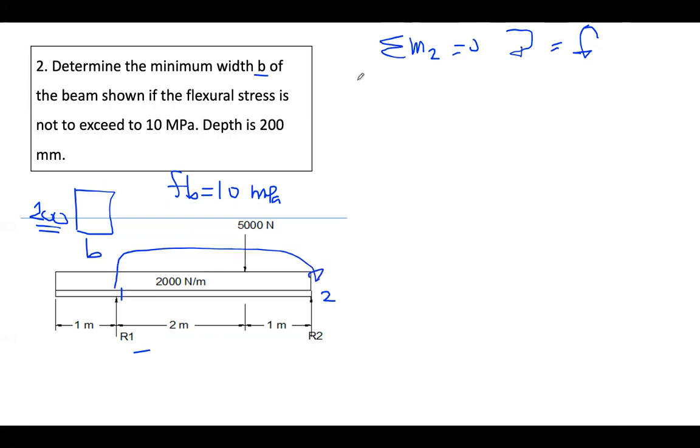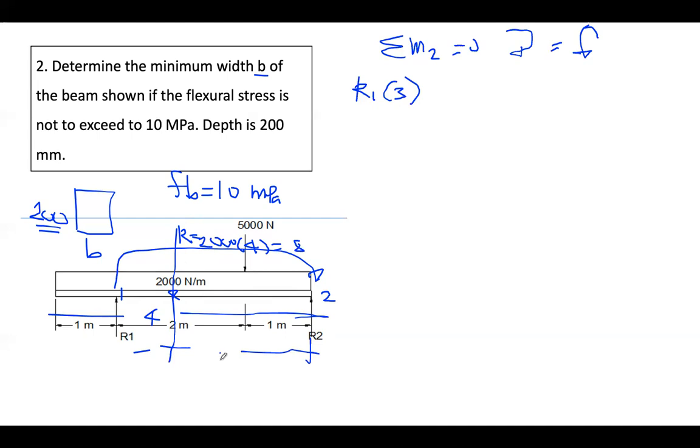Okay? So you have R1 times that distance 3. Okay? What else? Itong 2,000, nasa gitna, ang resultant load, which is just 2,000 times, yung total distance niya is 4. Okay? So 2,000 times 4 is just equal to 8,000. Pag nagpaikot tayo sa 2, this distance is just equal to 2. Okay? So in other words, ito counterclockwise na kasi itong R1 lang ang clockwise.